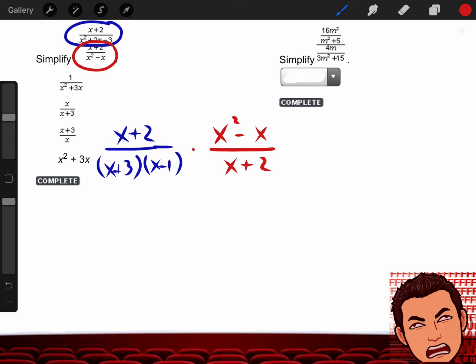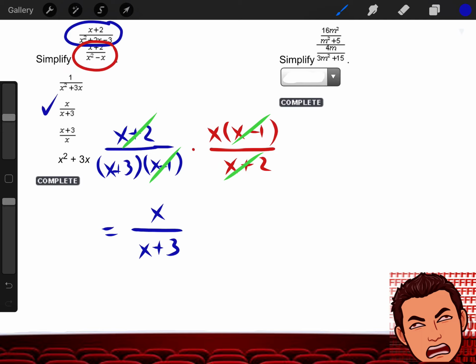Okay, so more things I'm going to do is factor out the x squared minus x in the numerator. I'm going to factor out the x. So it becomes x times x minus 1. Now I can just go ahead and start canceling out stuff. So I end up getting x over x plus 3. So choose the second one.